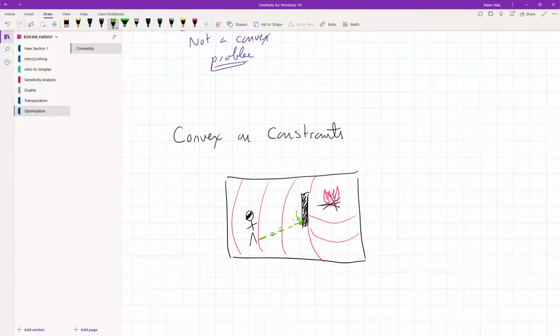Now, clearly that's not right, because the person, if they had known a little bit more, could have walked around the wall. Right? And so this is a non-convex problem. And it's non-convex because of the feasible space. Or we could say non-convex because of the constraint equations.